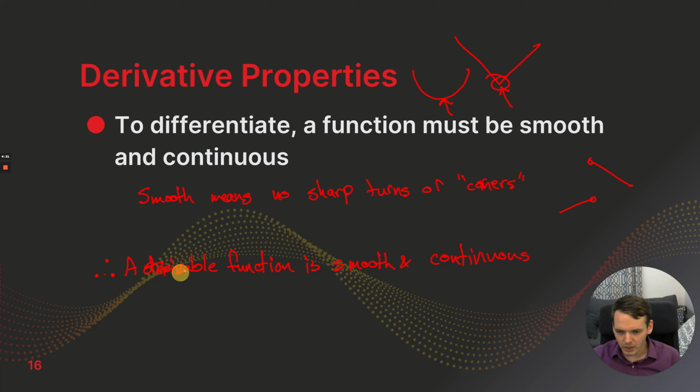So this derivable, that's not a good word. We'll use the proper word, differentiable. So a differentiable function is smooth and continuous. So if I tell you this function is differentiable, I've also told you it's smooth and it's continuous. And so these two things are just important to know.